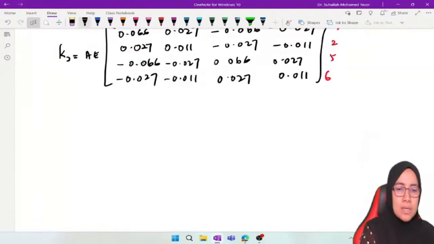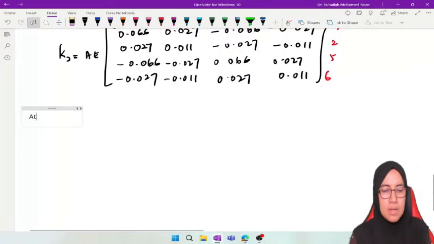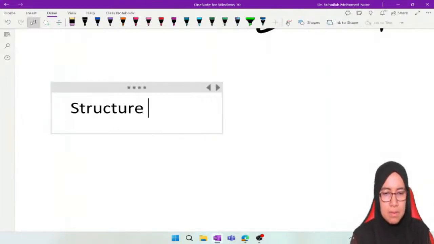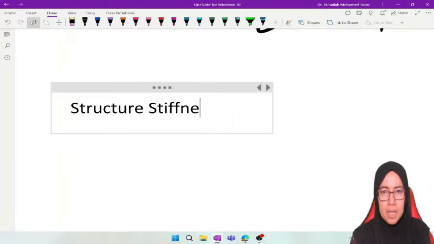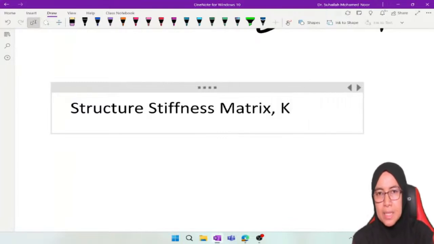Okay, for the structure stiffness matrix, this is K capital.